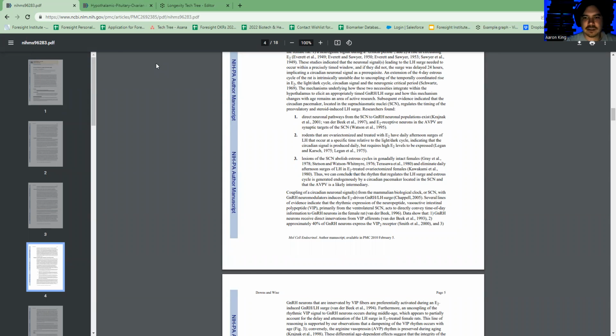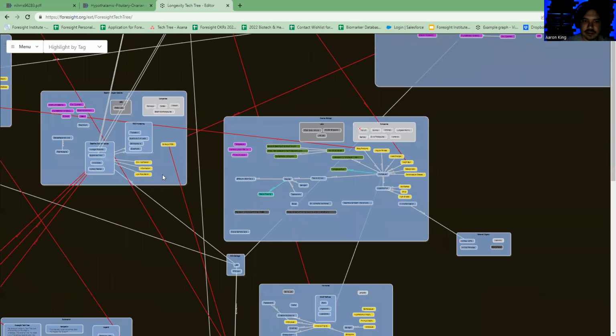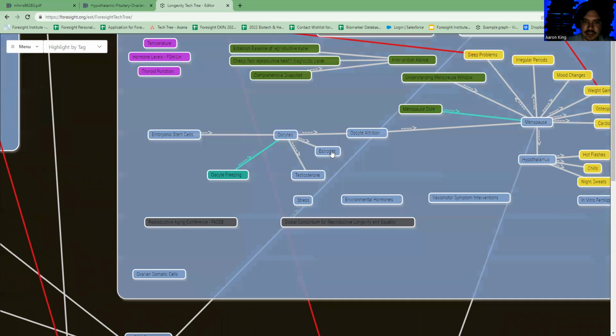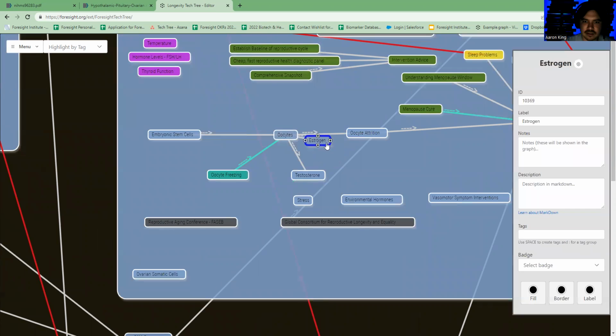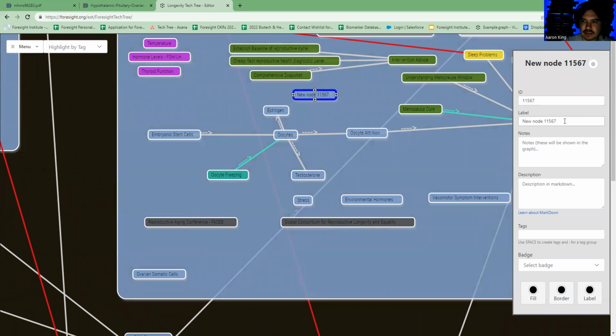SCN goes to estrous cycles. So SCN, where's ovarian biology? It's here. Oocytes, estrogen, I guess, estrogen cycles.